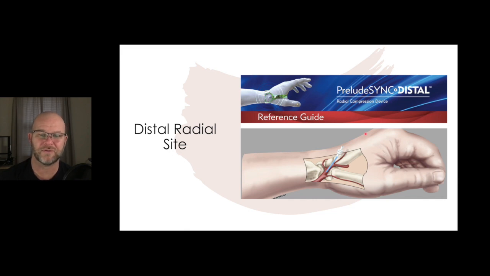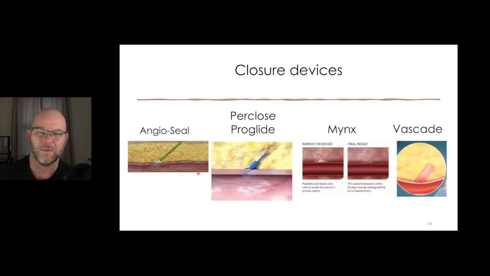Different bands are out there for that distal radial as well. This is a good example of where that distal radial site actually is, but you'll have specific bands for that as well. And then finally, if you do go through the femoral artery or veins, you can close these up with different devices. These have different indications, but the Angio-Seal will leave a footplate behind.